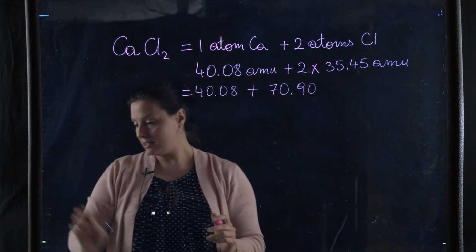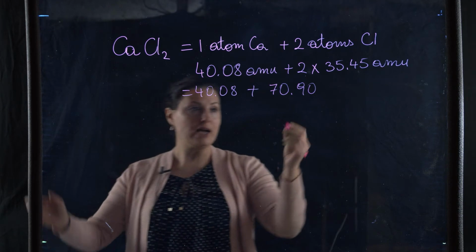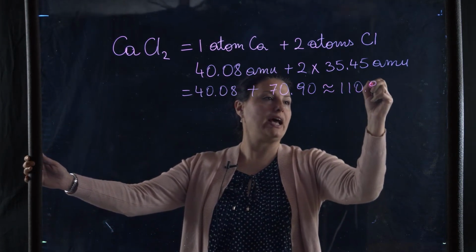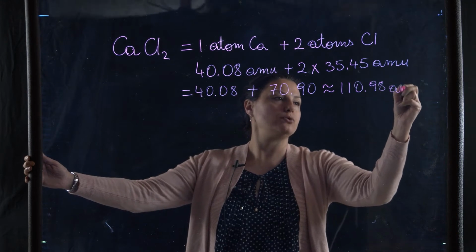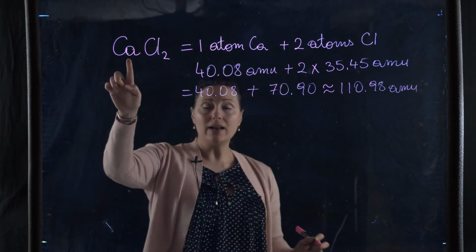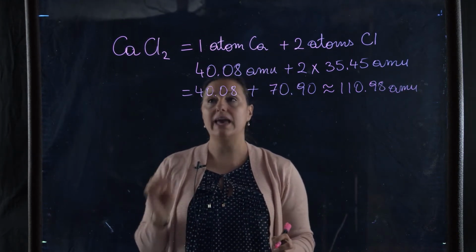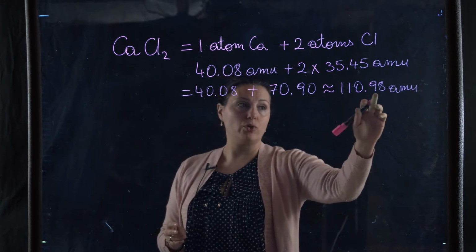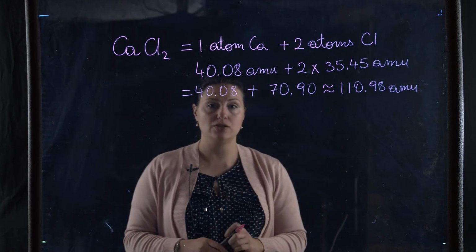And if I add this together, I should get approximately 110.98 AMUs. So 1 molecule of calcium chloride weighs about 110.98 atomic mass units.